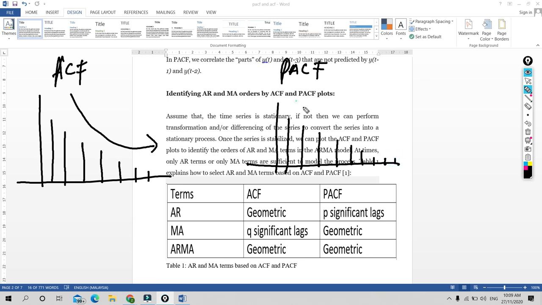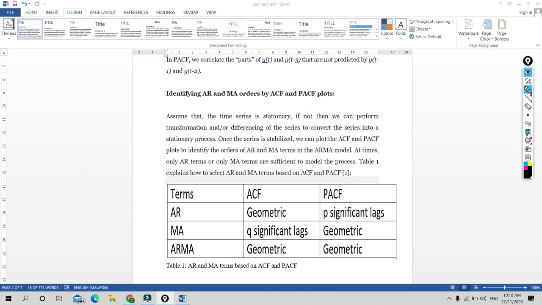So for AR1, your ACF is geometric. Then your PACF ada spike, satu spike here, for example, panjang, then the rest is semua pendek. This point here is 0.45, for example. So these are AR1: decay and spike.